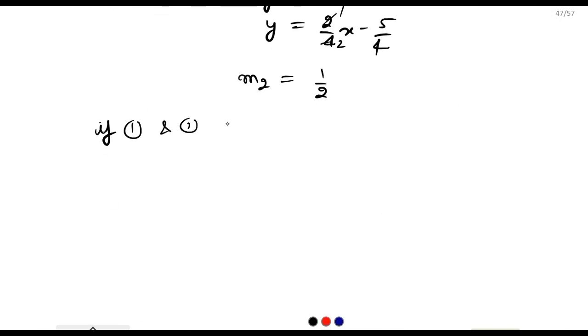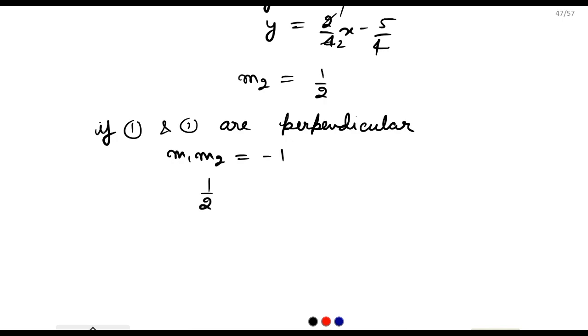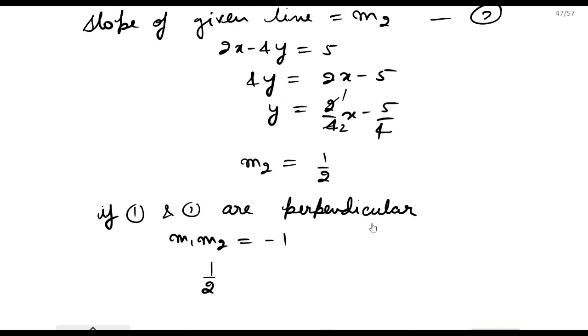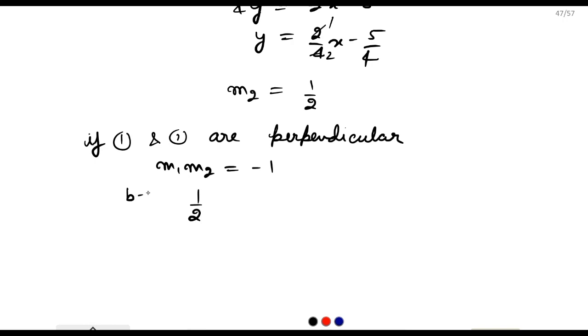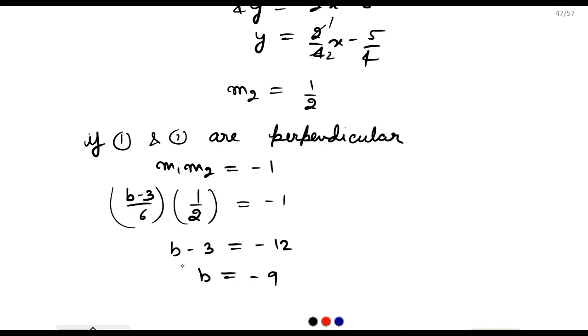One and two are perpendicular, then m1 m2 will be minus 1. B minus 3 is equal to minus 12, then B is equal to minus 9.